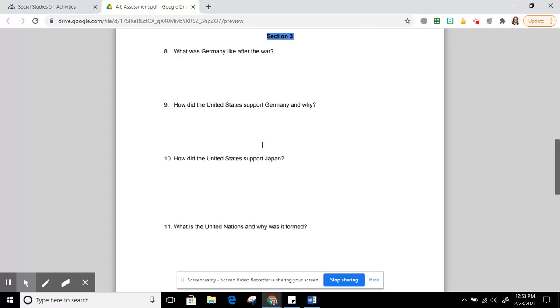Number 10, how did the United States support Japan? And then number 11, what is the United Nations and why was it formed? Two-part question there. What was the United Nations, or what is the United Nations, and why was it formed? So make sure you say what the United Nations was or is, because it's still in existence today, and why the United Nations was created or formed.